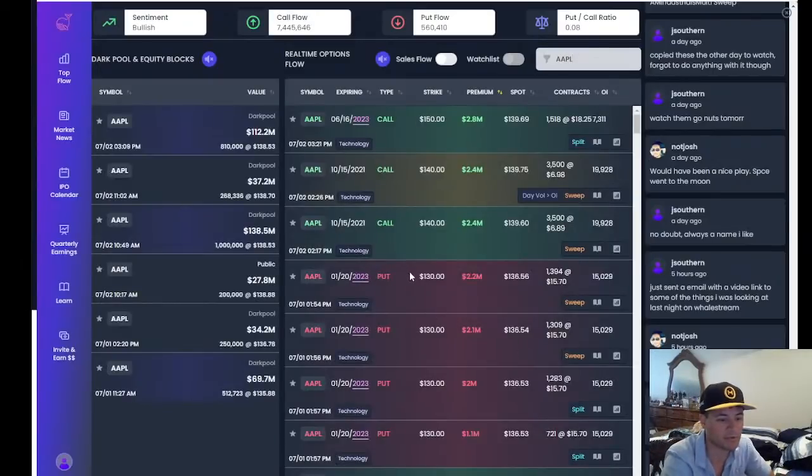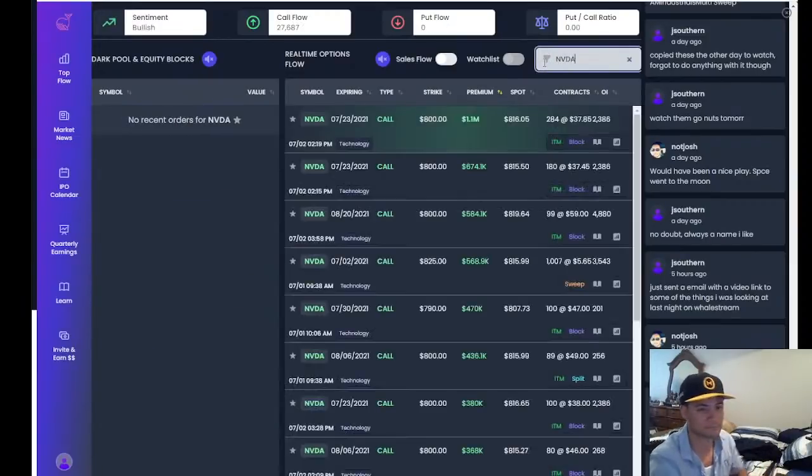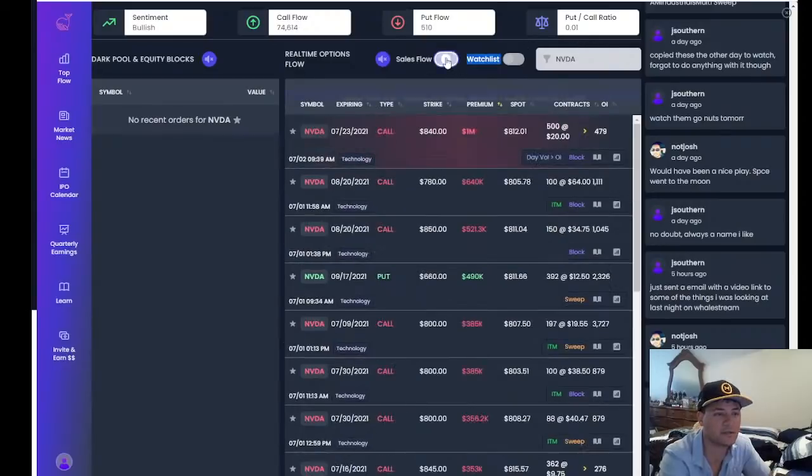Because when I go over to Apple here, we can see the bearish position, 0.08. So for every 100 calls on Apple, there's 8 puts. Looking at NVIDIA, even if I do turn on all the selling, it's still a really, really good ratio for the bullish side.